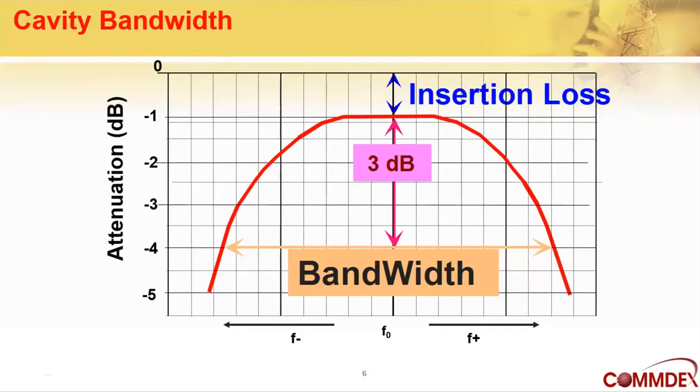So in this case, we have 4 dB attenuation over a 3 dB bandwidth. And that's what a bandpass cavity does. It passes only signals on or close to the center frequency and attenuates everything else.